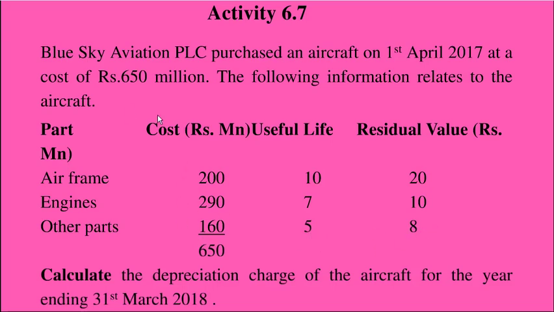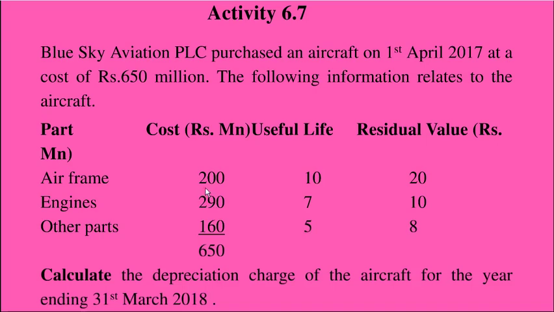So accordingly, total cost of the aircraft is 650 million, and this is how this total cost is shared among these 3 main components, and we can depreciate these 3 components separately. Instead of depreciating the entire aircraft as a single asset, we can depreciate these components separately.